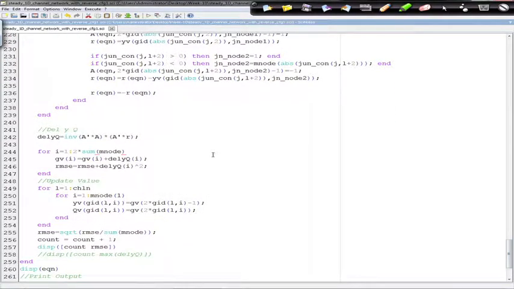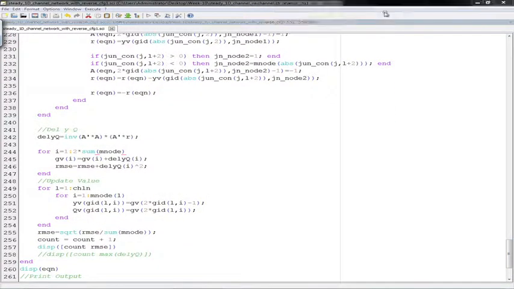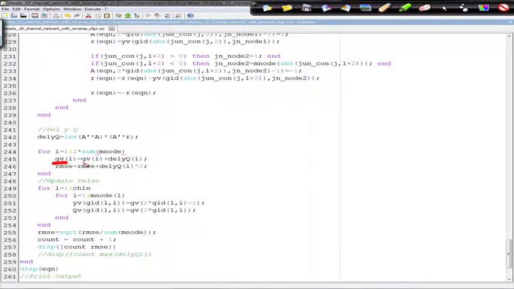Now, finally, we need to transfer these GV values. To GV we should add the previous value del YQ I, and subsequently we need to transfer these values or update these values for next iteration.